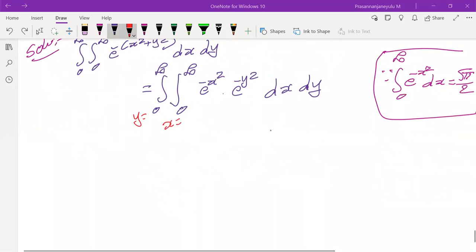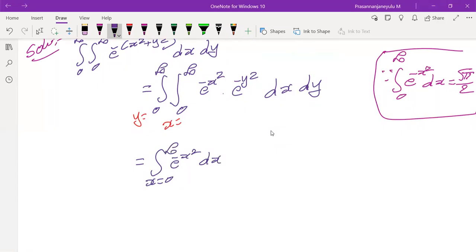So what we can do here is integrate with respect to x and y separately. I am writing the integration of e power minus x square dx, with x limits from 0 to infinity, into the integration of e power minus y square dy, with y limits from 0 to infinity.